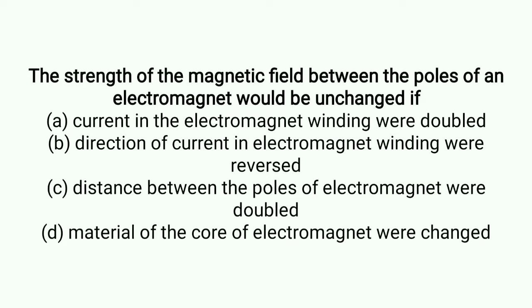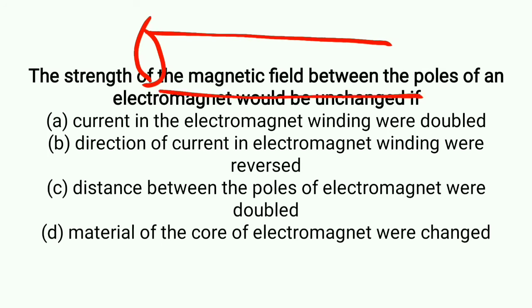The strength of the magnetic field between the poles of an electromagnet would be unchanged if. So here we have an electromagnet. You know how we generate the electromagnet. So this is the solenoid coil.